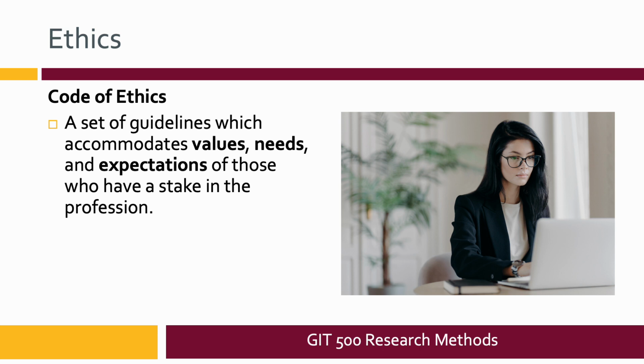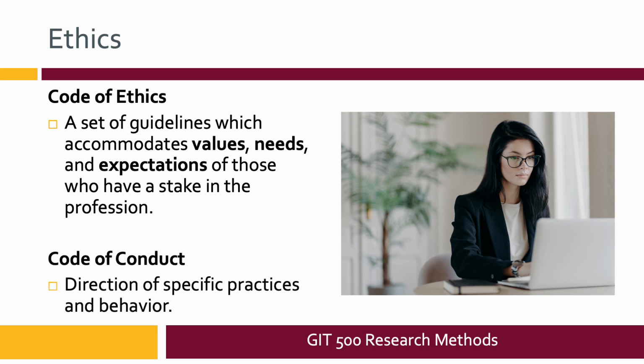So this is aspirational. These are the things that should happen. And then there is a code of conduct, and that is specific direction on how specific practices and behavior should occur. So one is aspirational, the other one is directional.